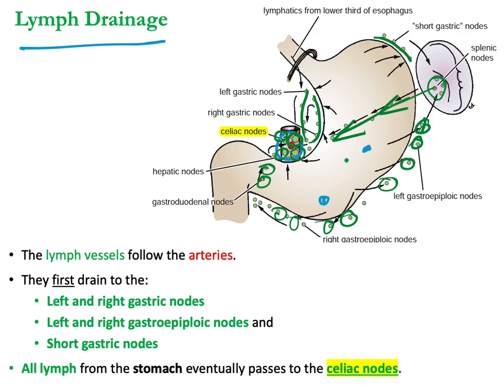All of these will drain into the celiac lymph nodes, the lymph nodes around the celiac trunk.